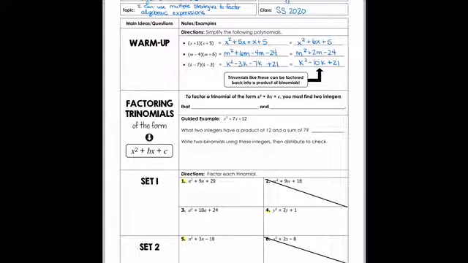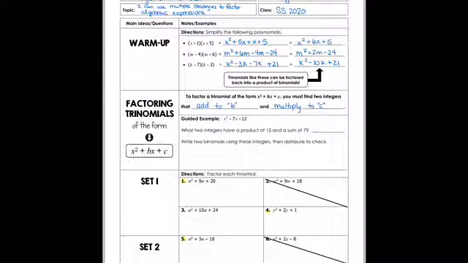Trinomials like these can be factored back into a product of binomials. A couple of things to remember. When we're factoring this trinomial, you have to find two integers. Integers are whole numbers that add to b and multiply to c.